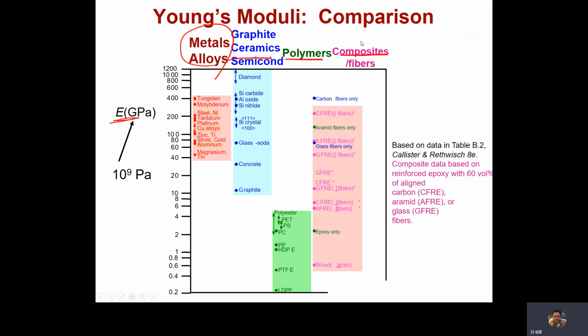And if we need lightweight and high strength, we can use carbon fiber composite materials, because of the relatively high Young's modulus with high strength and low density.